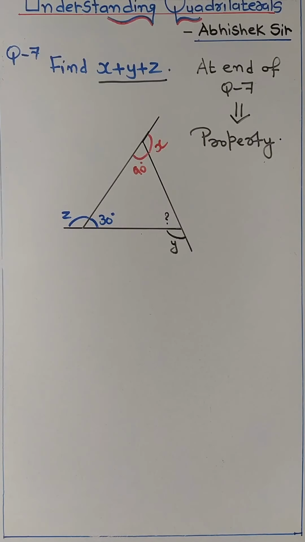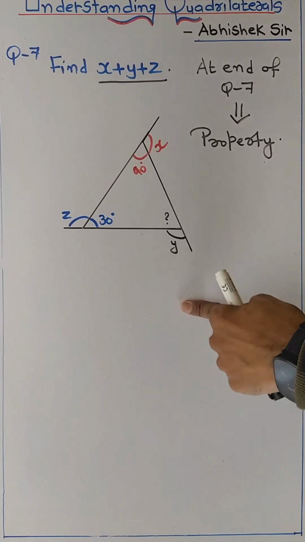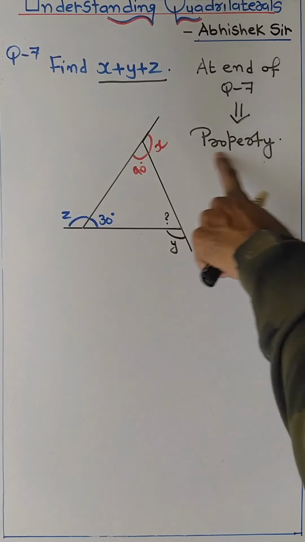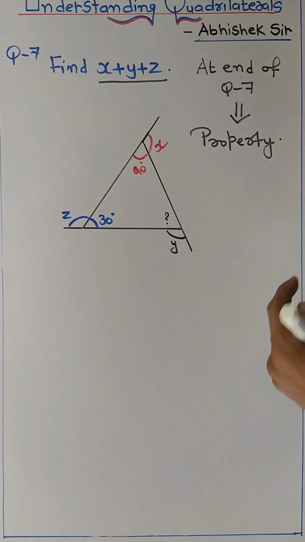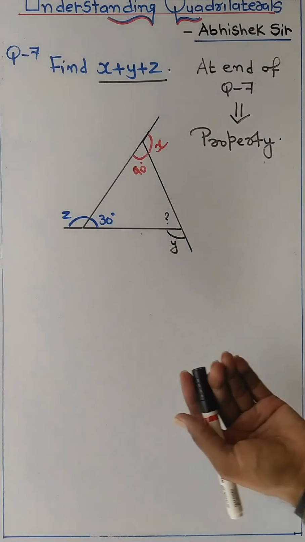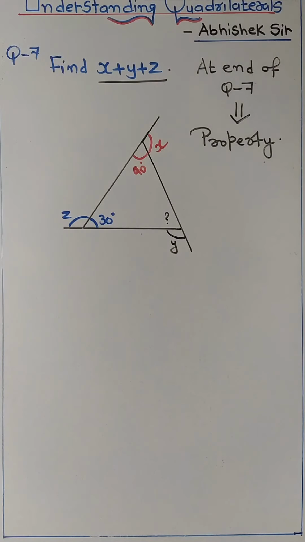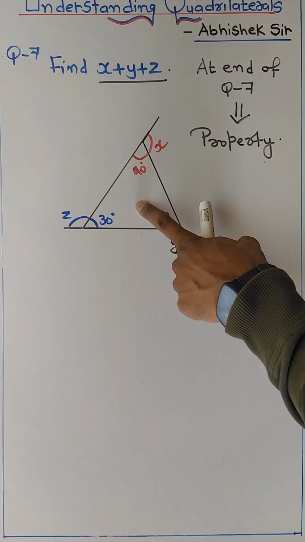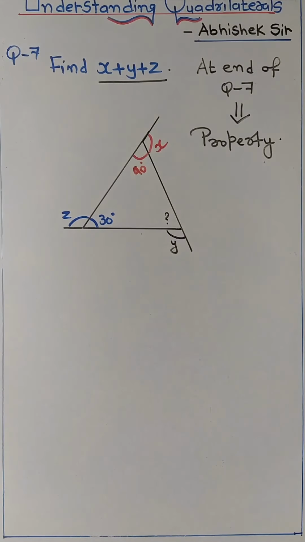So this is the first time we will be solving the sums first, then we will make a property, right? Generally what happens, we understand property first and then we'll go for the numericals, but this time, for the first time, we will be solving different questions and then we'll go for the property, right?